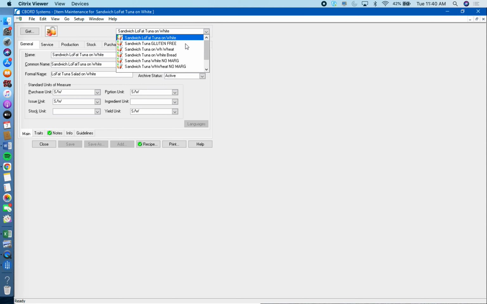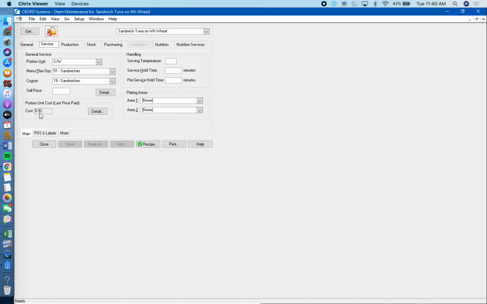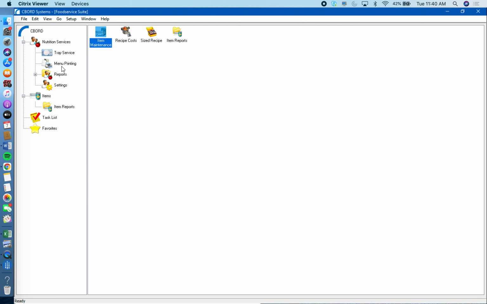We're going to find that tuna sandwich on whole wheat. And to look at the cost of the item, we go to service, and it's 92 cents for this one item. Now that's in a whole different window. There's a more detailed video on this that you can refer to, but that gives us a good idea of the cost of the items, among other things.